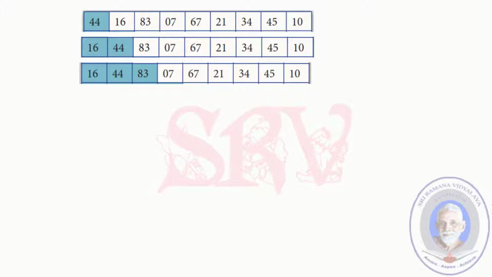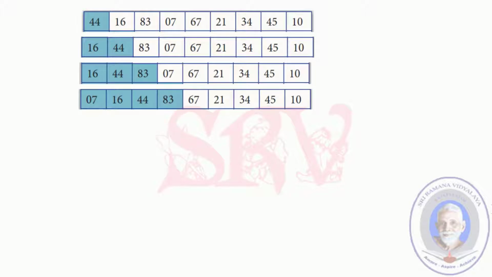A buffer is nothing but a temporary storage location. Once all the elements are shifted towards the right one by one, then 7 is inserted at index 0. Now our sorted list has become bigger. 7, 16, 44 and 83 are considered as sorted.